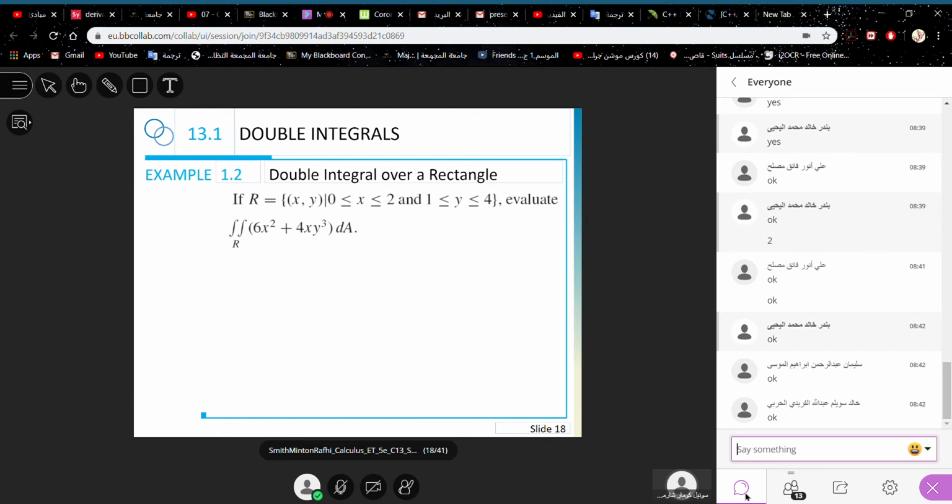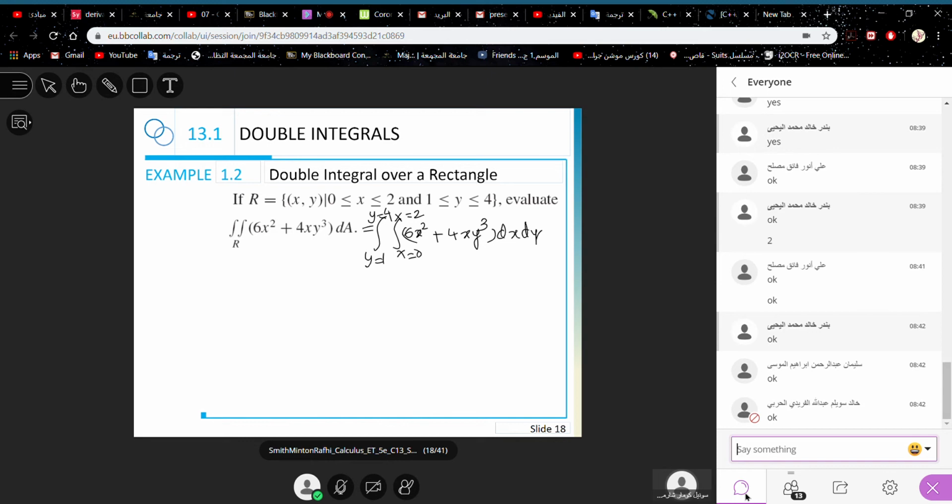So your integration is now like this: 6x square plus 4xy cube dx dy, and x limit is 0 to 2 and y limit is 1 to 4.